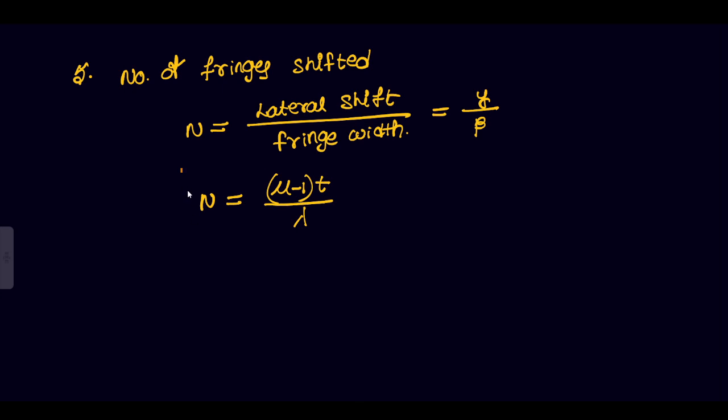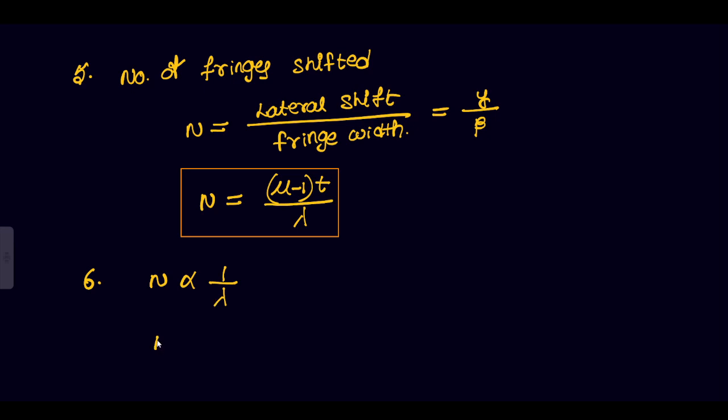The number of fringes shifted depends upon the wavelength. It is proportional to 1 by lambda.